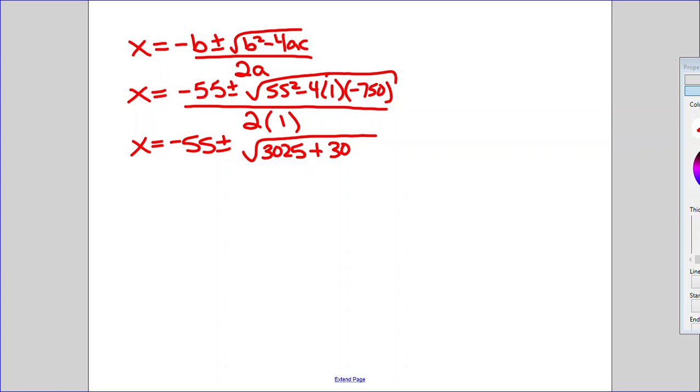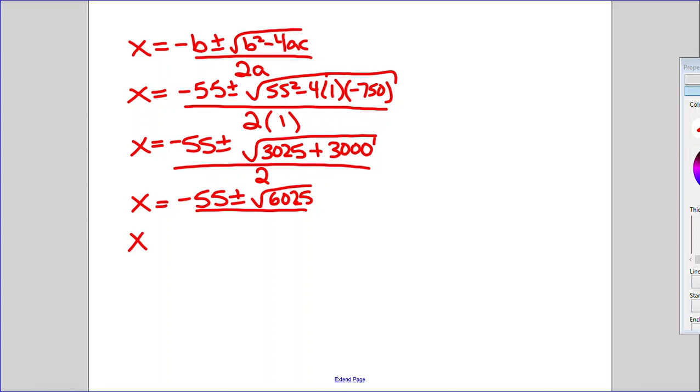That works out kind of nice, over 2. x is equal to negative 55 plus or minus the square root of 6,025, over 2. As an approximate value, that's 77.6209 over 2.